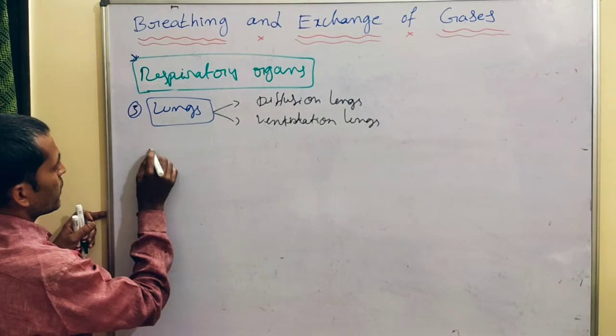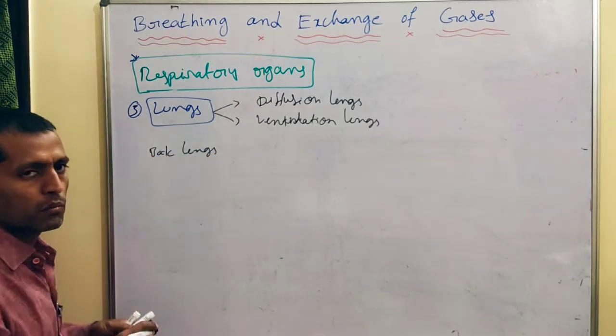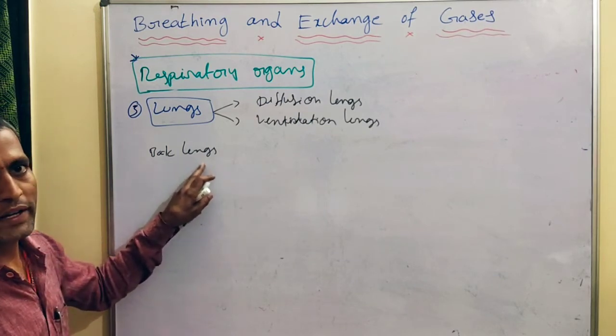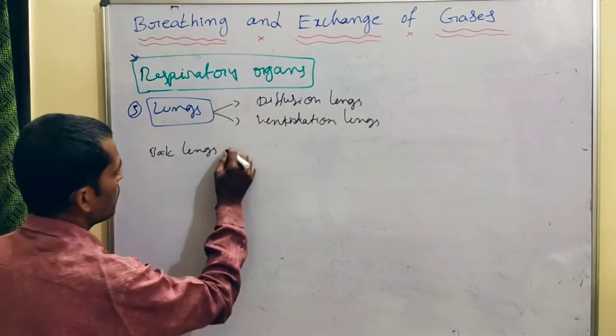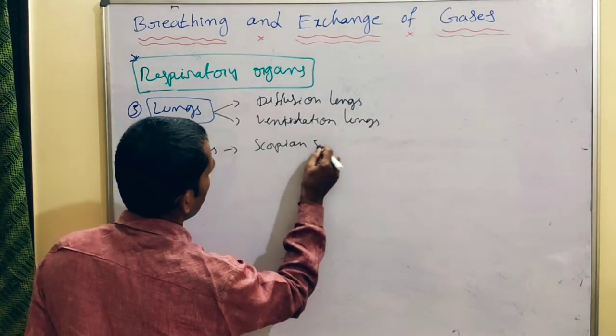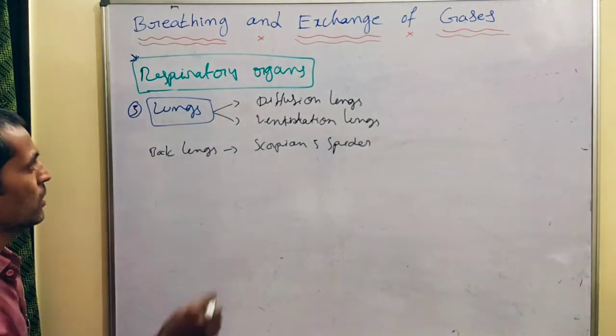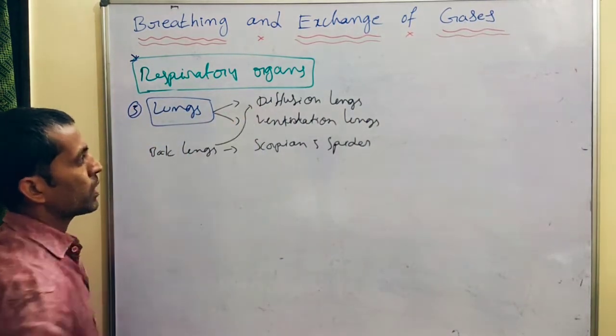The best example for diffusion lungs is book lungs. There is no ventilation mechanism in book lungs, which are present in scorpion and spider. They belong to the diffusion type of lungs.